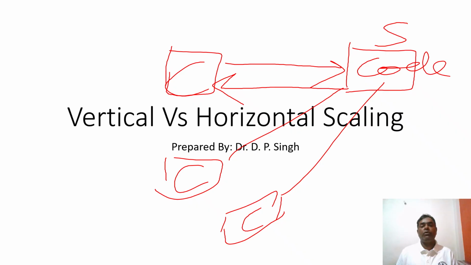Now, on the basis of that, basically this adding or increasing the capability of the same server or adding more machines, this is known as scalability. Now this scalability is divided into two parts. One is known as vertical scaling.